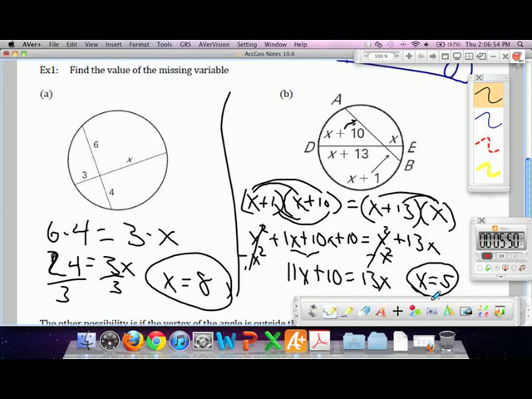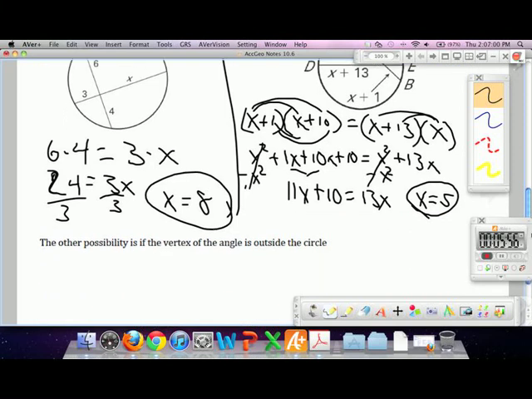Subtract 11x from both sides, divide by 2. 10 equals 2x. X is 5.